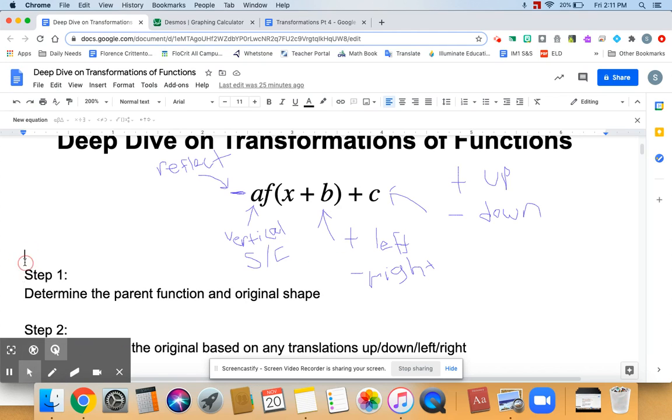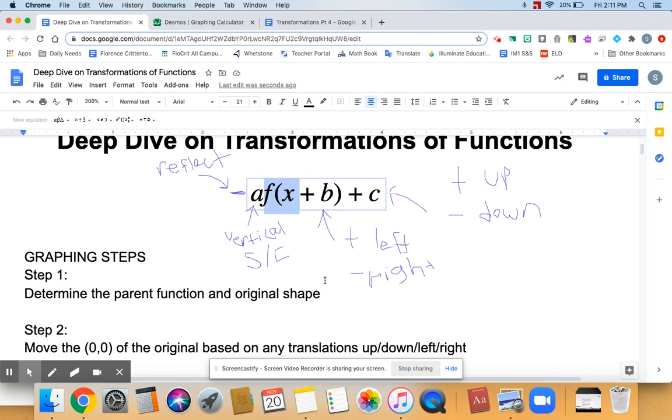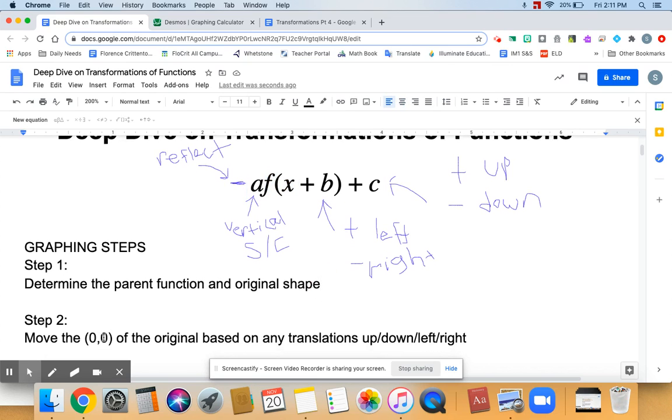So these are the steps for graphing. The quickest way to graph any of them would be to first determine what the parent function is, whatever that f of x is, and what's the original shape for that graph. Then, since they all have a 0, 0, you're going to move the 0, 0 of the original based on your translations up, down, left, and right. So these ones over here, the b and the c.